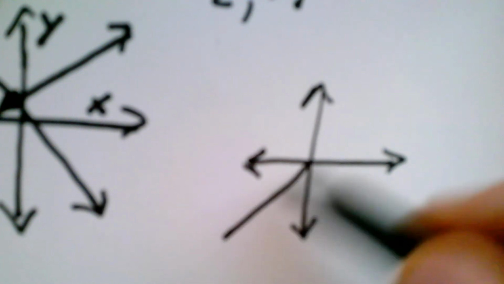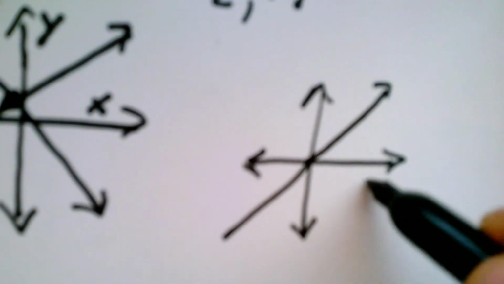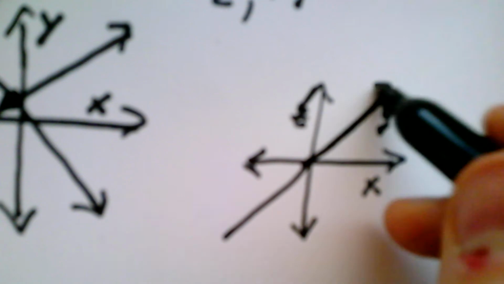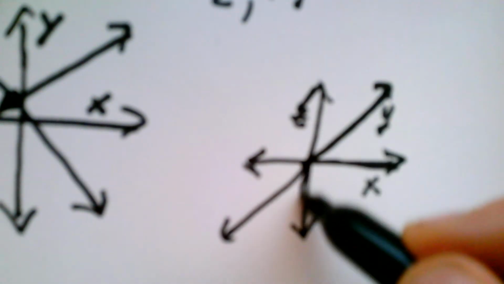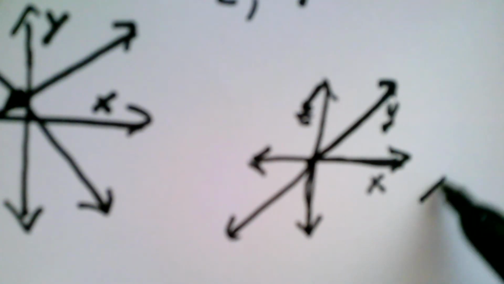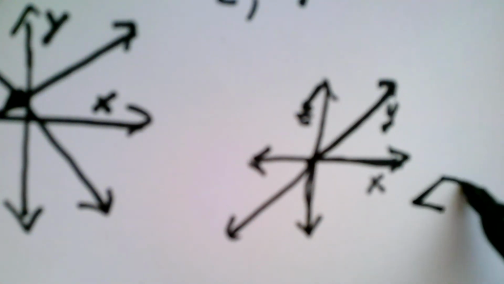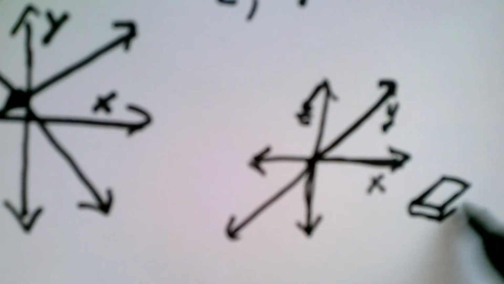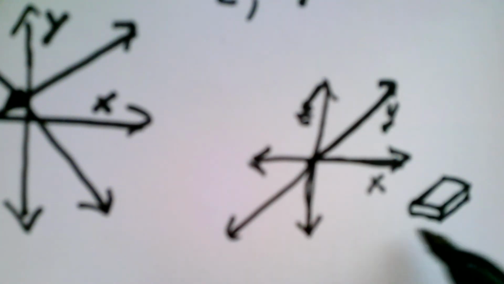So this is my best attempt to draw an x, y, z coordinate system. So this is our ground here, the xy plane, and this is our vertical direction, z. So if you can imagine having, like maybe a book here. This book is resting on the xy plane.